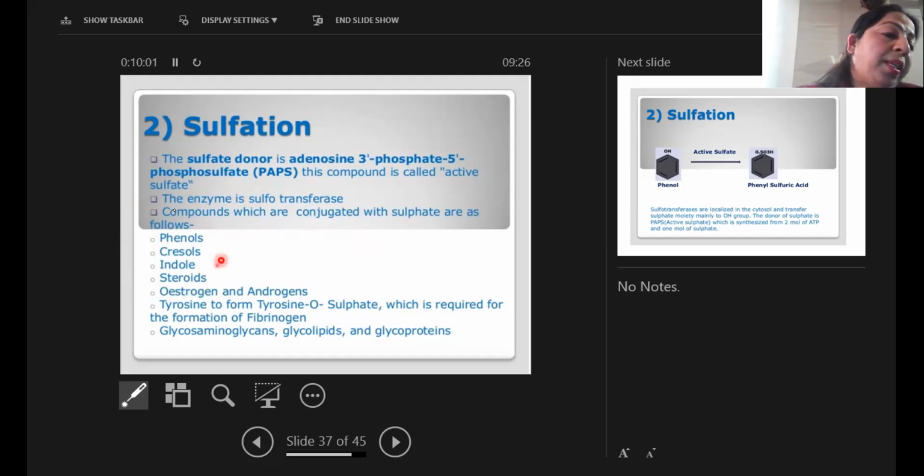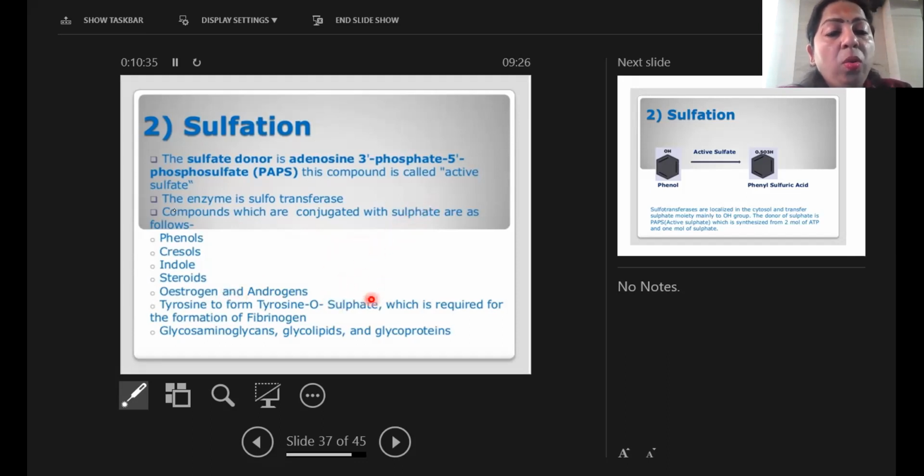So you can see all this group of molecules or chemicals contain one functionality, especially in the form of a hydroxy group. Because for conjugation you need some hooks to attach to. So always there is one functionality, maximally in the form of a hydroxy group; it can be in the form of an amino group, it can be in the form of thiol groups also.